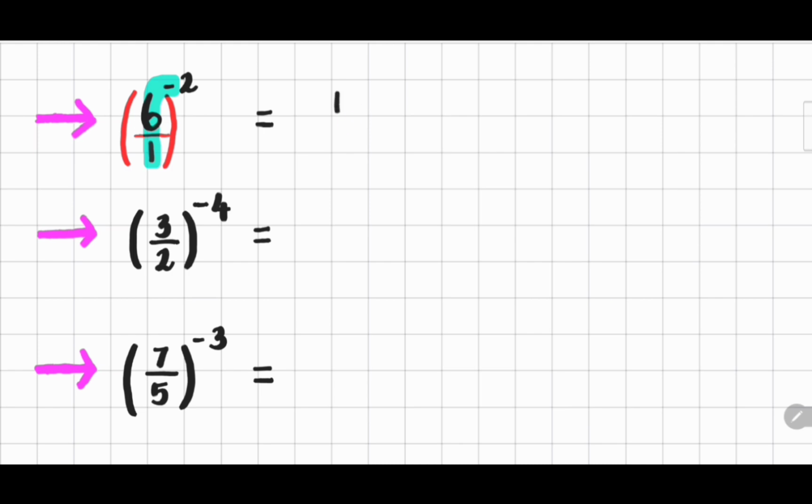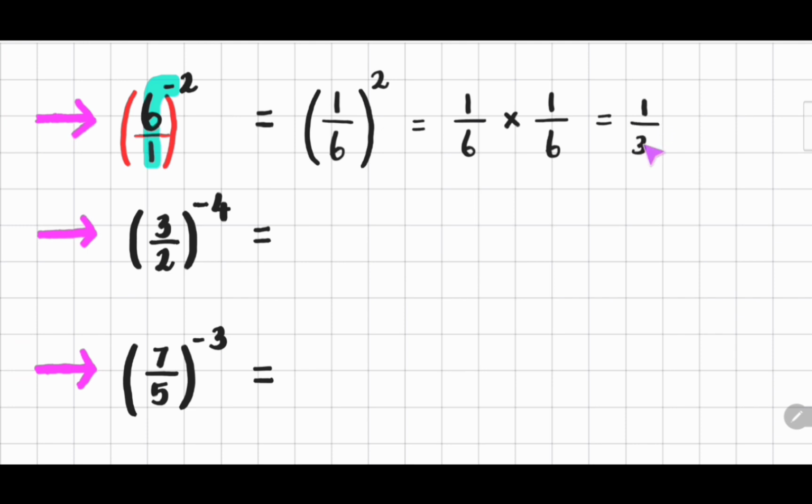The reciprocal of 6 by 1 is 1 by 6. Step 2. Apply the exponent rule. Step 3. Multiply the numerators and multiply the denominators. Consequently, we get 1 by 36.